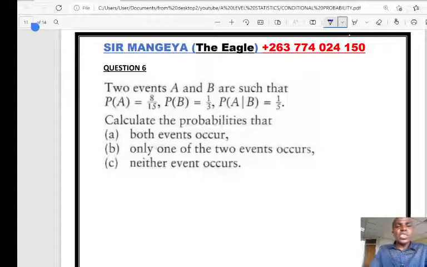Question number 6. Two events A and B are such that probability of A is equal to 8 over 15, probability of B is 1 over 3, probability of A given B is 1 over 5. Then calculate the probability that both events occur.